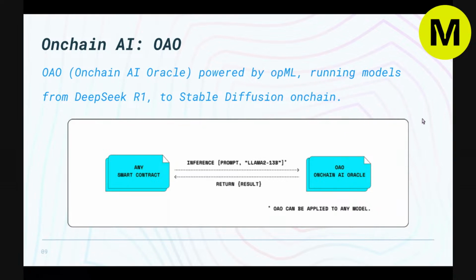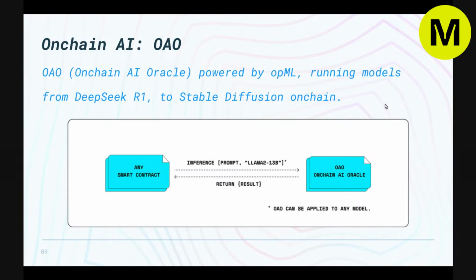For running the node, we have node software called Torah, because it's written in TypeScript, which is similar to what Ethereum has with Geth. That's the general architecture of the on-chain Oracle.